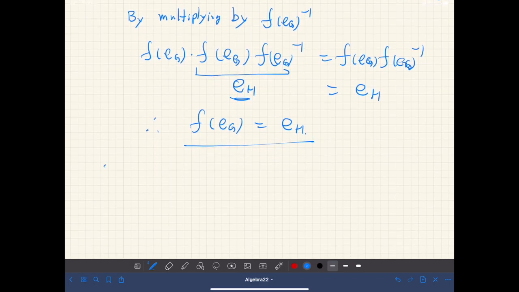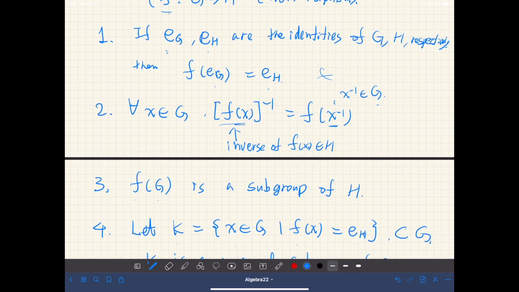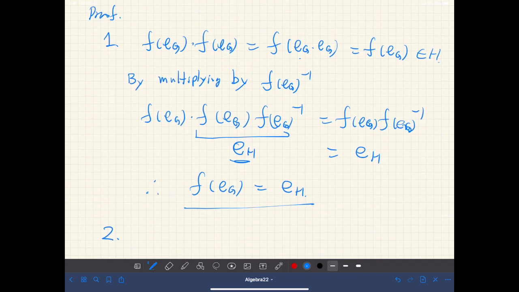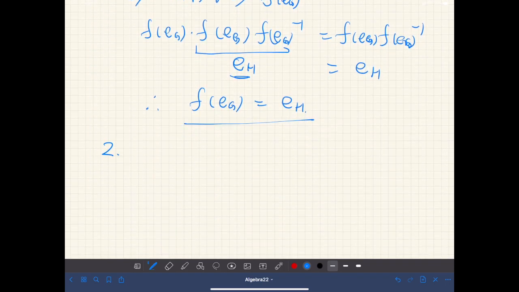And next, we prove the inverse element of F of x is F of x inverse. So to show this, let's see F of x inverse times F of x. Since F is a homomorphism, we have F of x inverse times x. But x inverse is of course the inverse element of x, so we have F of EG here.